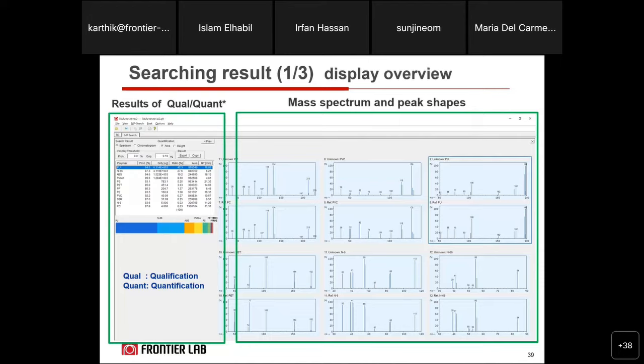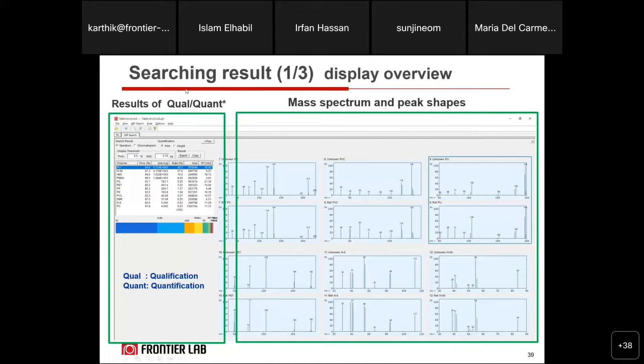You have to make your own assessment and judgment, because how well you are able to treat the matrix in your sample can vary from lab to lab. So our general recommendation is to keep the probability percentage at 80 and above. But in some cases, if you are getting satisfactory results, even 70% is acceptable.